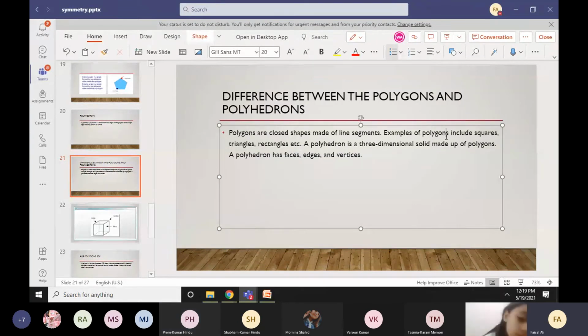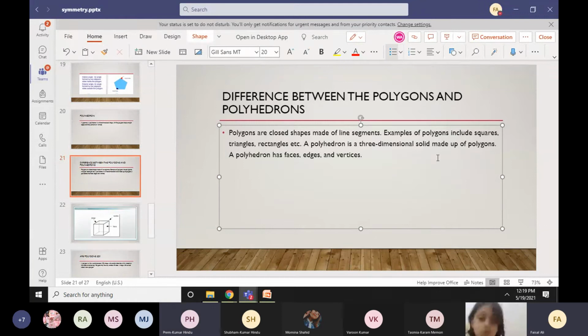Beta, listen carefully. Polygon examples are square, triangle, and rectangle. A polyhedron is made up of polygons and has edges, faces, and vertices. With the help of polygons, we can make a polyhedron.